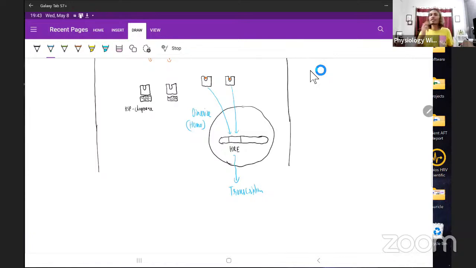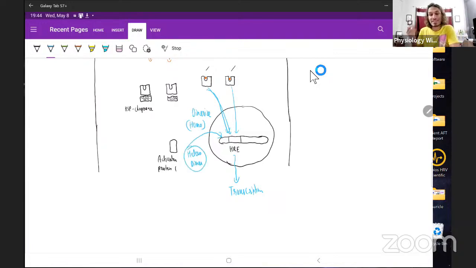Now this acts in a different way also. Not only does it dimerize with the same sort of component, instead there can be another component which is called your activator protein 1. So instead of two similar looking components, one is an activator protein and one is this receptor. So this is a heterodimer.